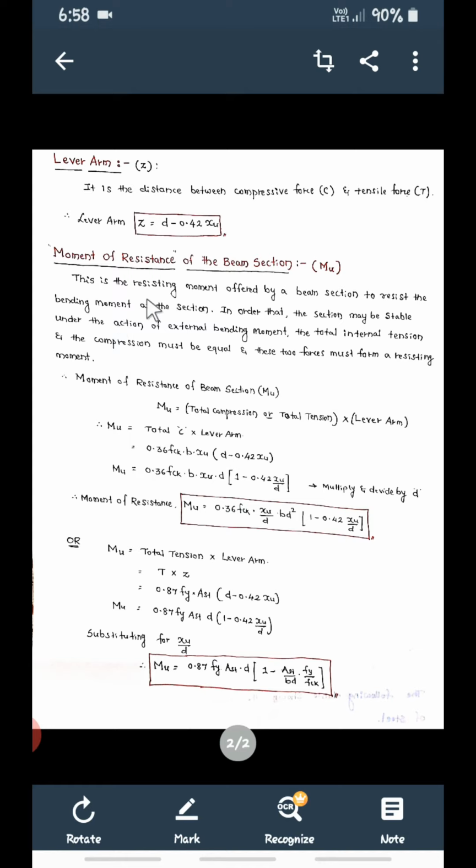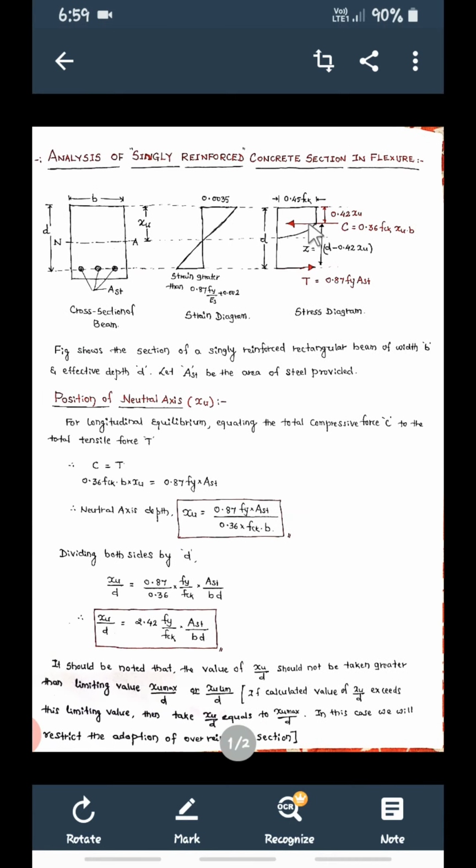In order that the section may be stable under the action of external bending moment, the total internal tension T and the compression C must be equal, and these two forces must form a resisting moment. These two forces, total C and total T, are in opposite directions, and they will form the couple, or moment.